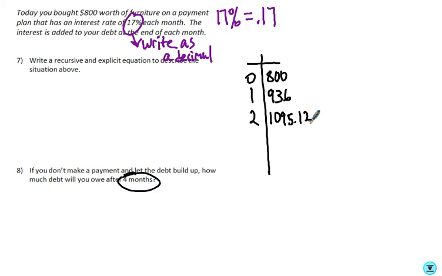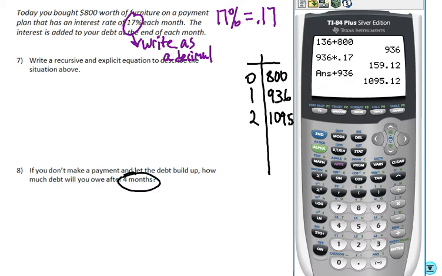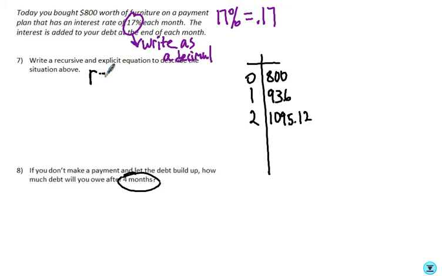Because what ends up happening here is that I have to figure out what the interest is and then add it to what I already owed. Well, there's a way of doing that all in one step: if I take what I have, 800, plus the percent, and multiply by 1.17.